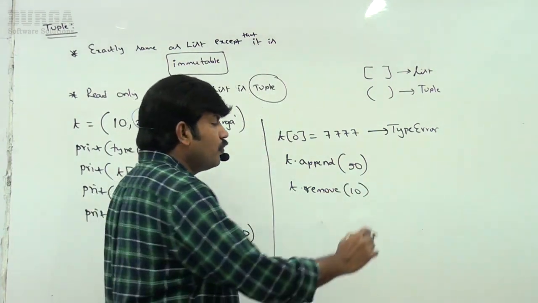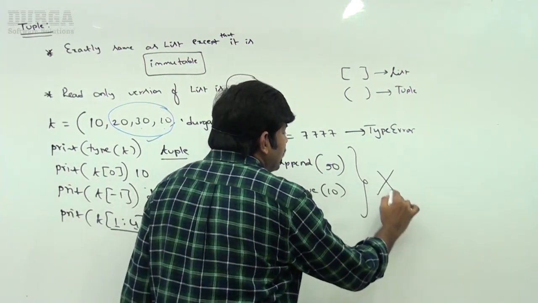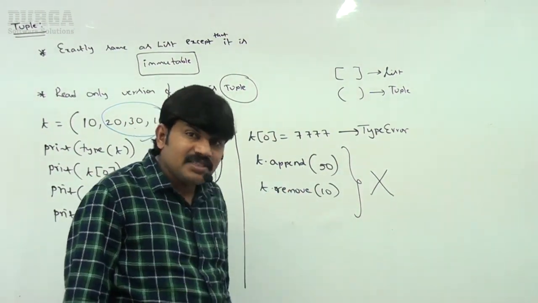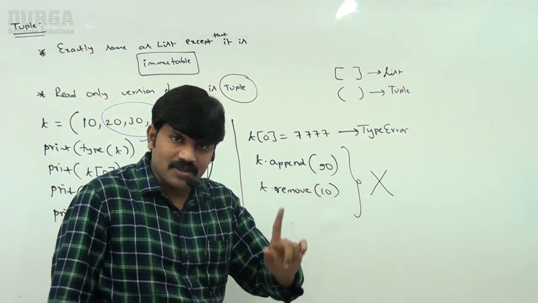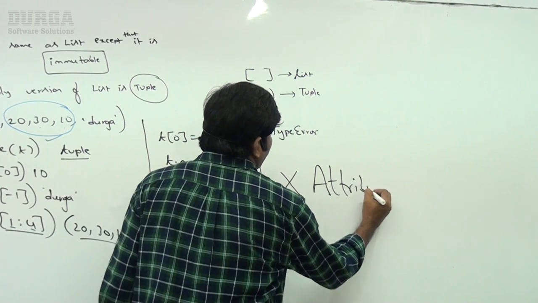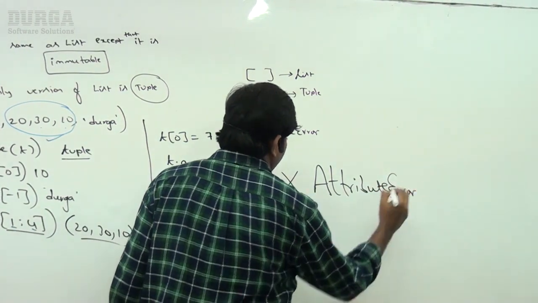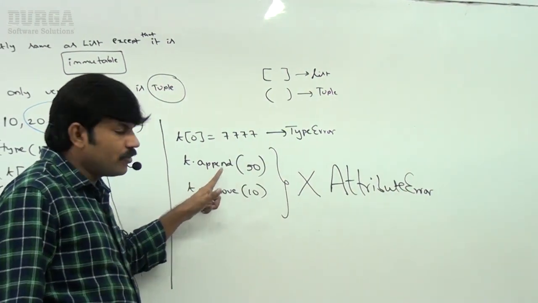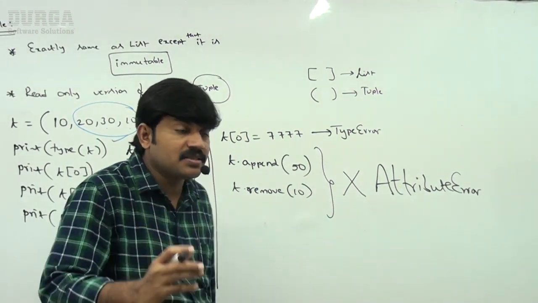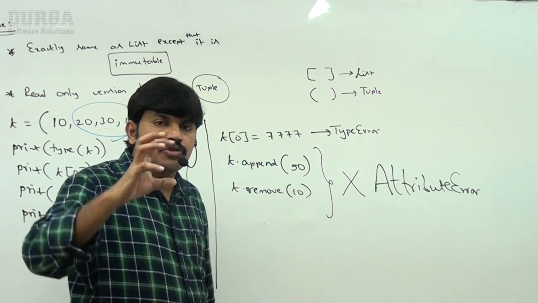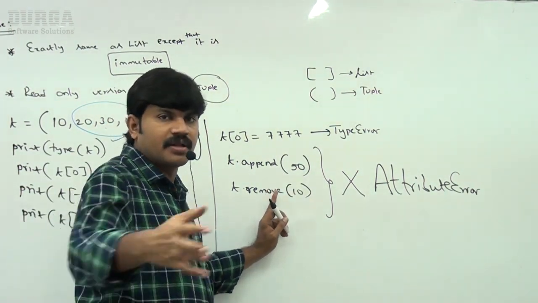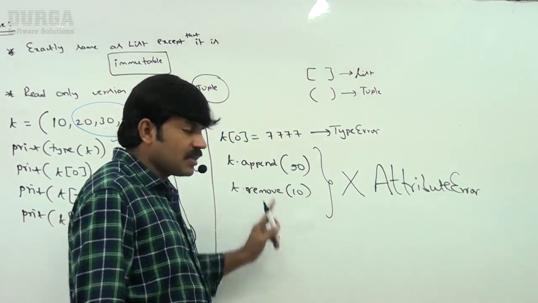Do you know, sir, in both cases we are going to get error again, because append and remove, such type of capabilities are not available for the tuple. That's why attribute error. We are going to get attribute error saying append attribute, remove attribute are not available. These methods are not applicable for the tuple, because tuple is always fixed, the content is always fixed. That's why you can't add something, you can't remove something.